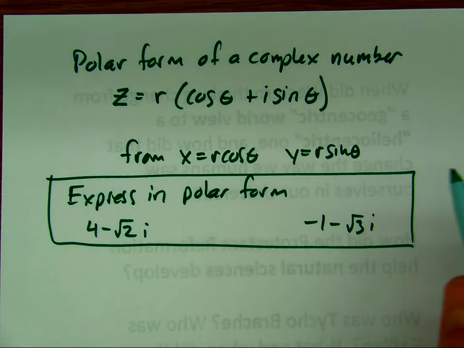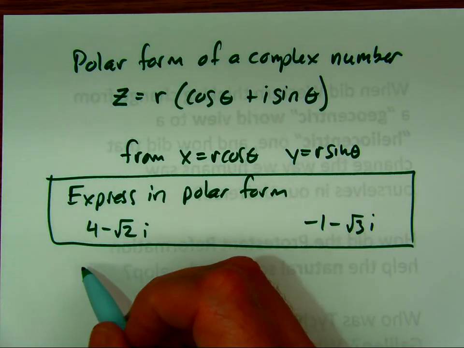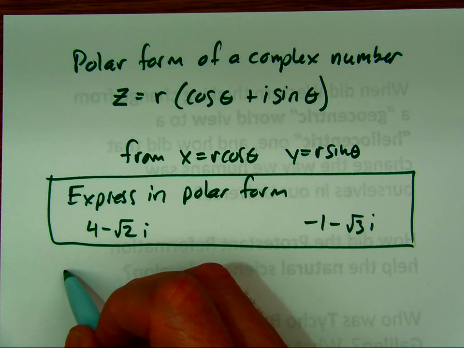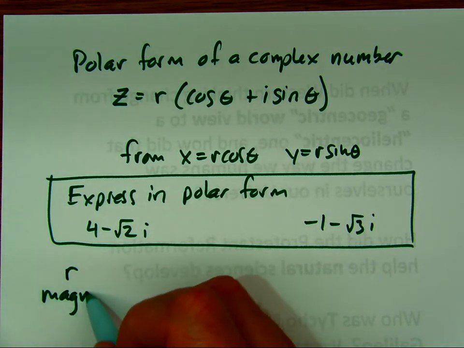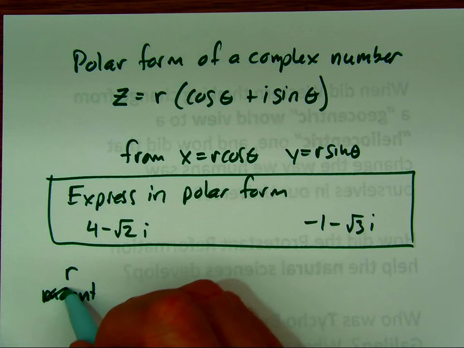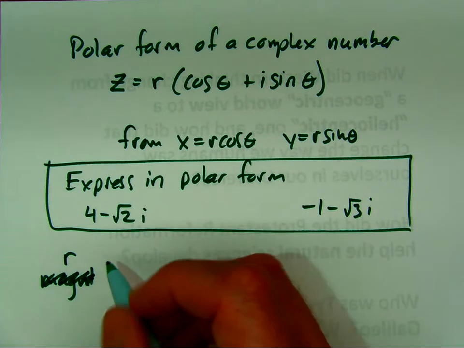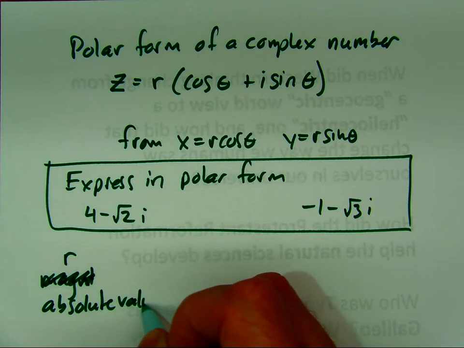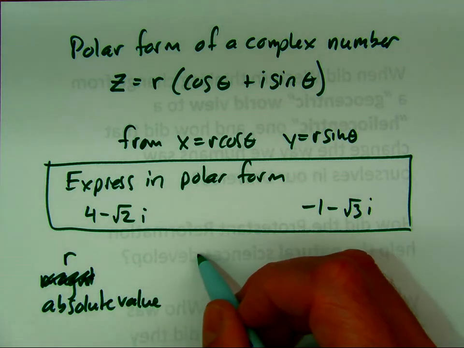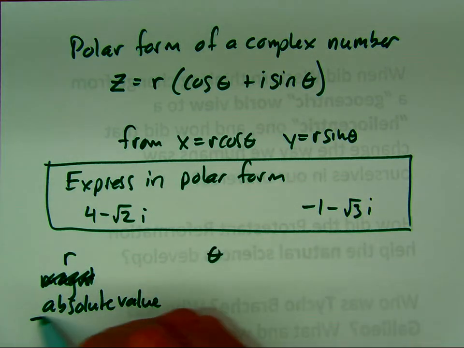All right. So like we did with polar coordinates, we need to have an r. In this case, that's the absolute value. And we need to have theta. Absolute value and theta.